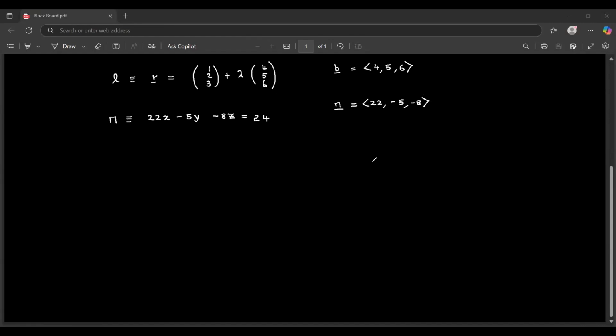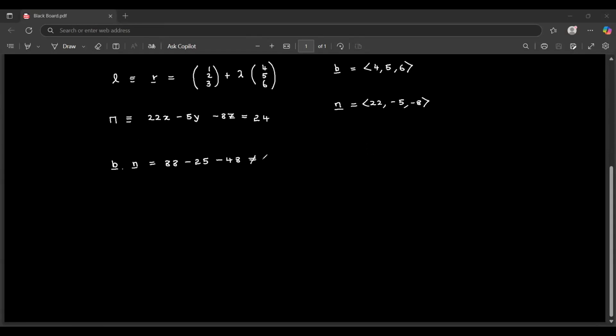First, we have to check whether the line and the plane are parallel to each other. For that we check b dot n. If b dot n equals 0, we can say L is parallel to pi. That's what we learned. So b dot n equals 4 times 22, which is 88, 5 times minus 5, which is minus 25, and minus 6 times minus 8, which is 48.